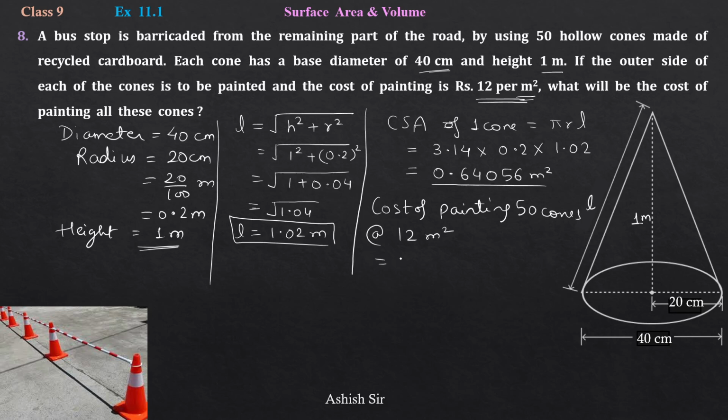CSA of one cone is this, so for the CSA of 50 cones we multiply by 50, and to find the cost we multiply it by 12. So we get 384.34 approximately. So this is the cost of painting 50 cones at rupees 12 per meter square.